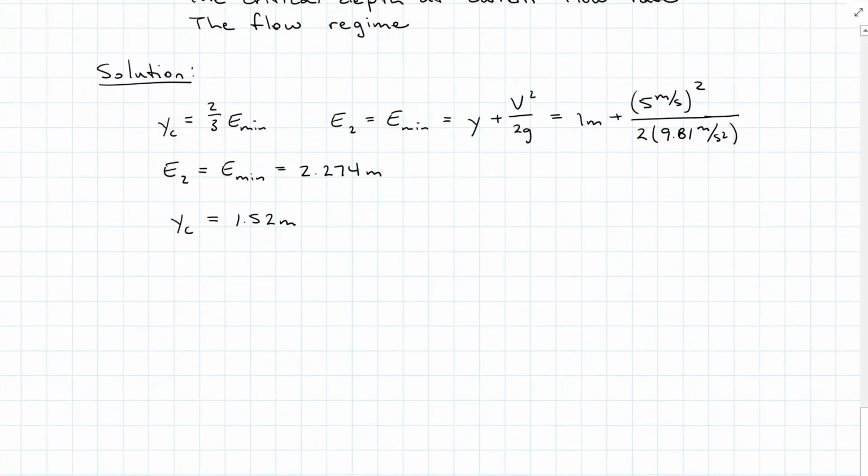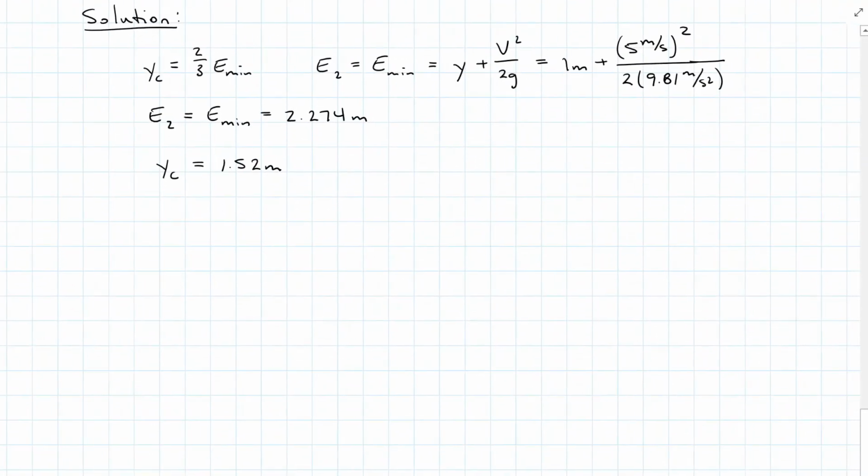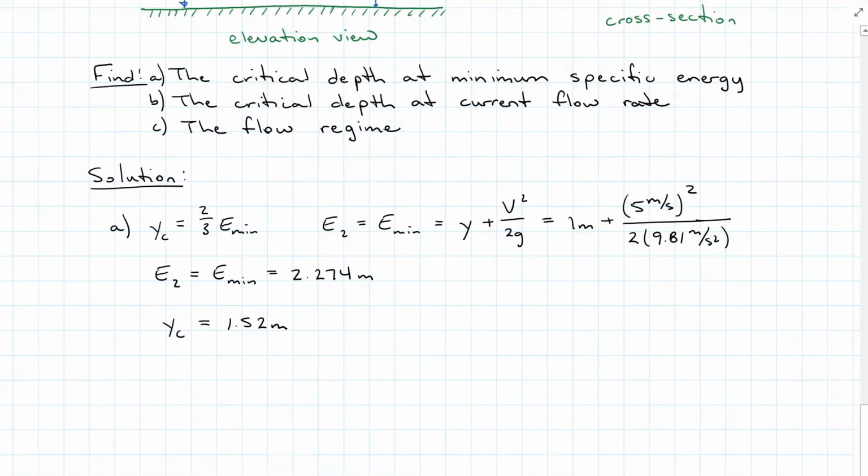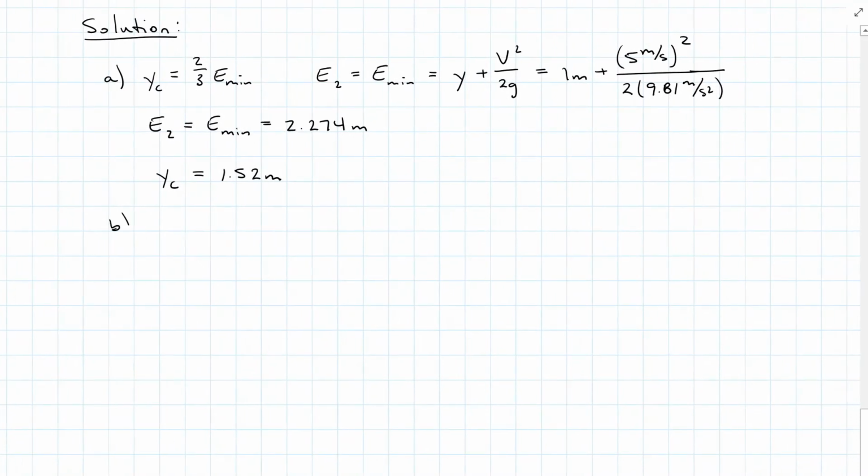If I want to find it at the current flow rate, let's label these. We'll call them A, B, and C. So if I want to find it at the flow rate, that's the equation that we used earlier. Q squared over g is equal to the critical area cubed over the channel width.